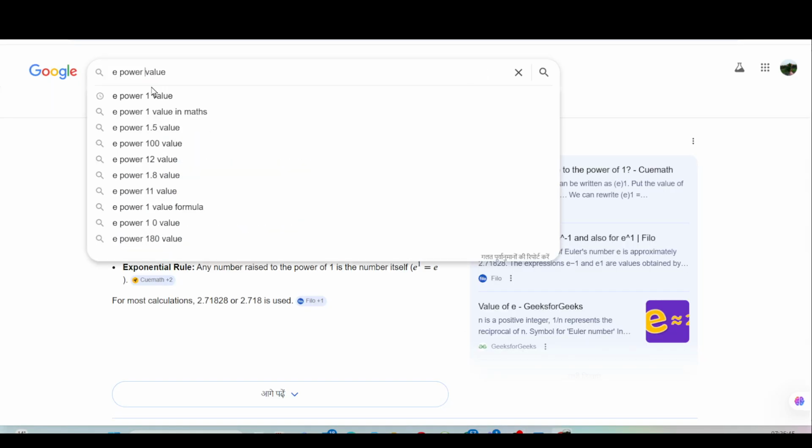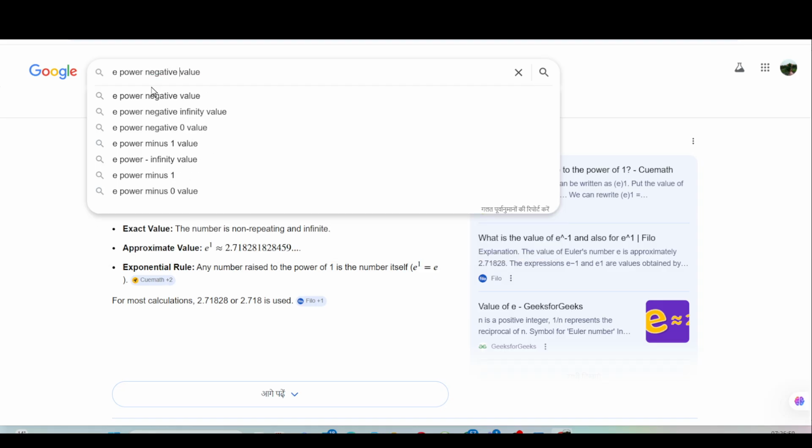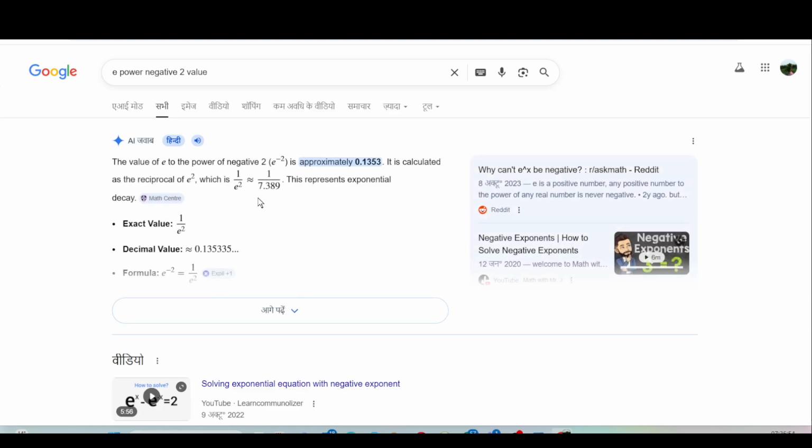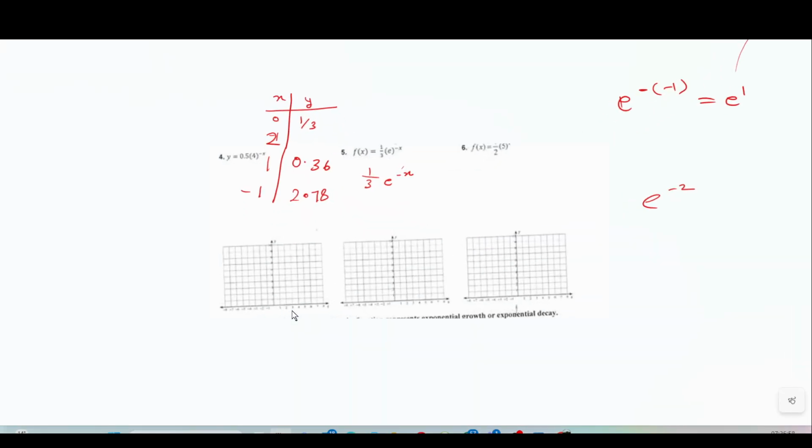So e to the power negative 2 value is 0.13. So wait, it's 0, comma 0.13.